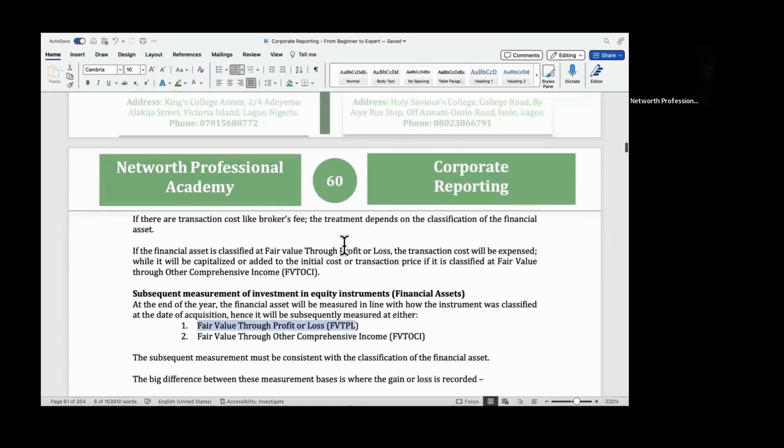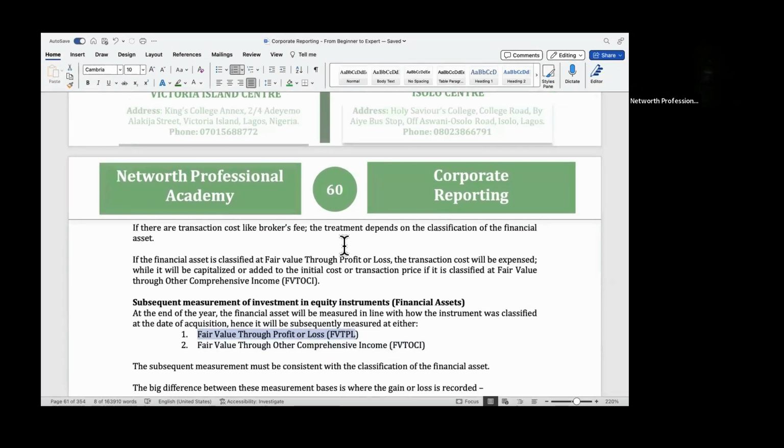And the final thing I mentioned is that if you had involved a stockbroker and you now incur transaction costs when you were buying those shares, those costs are either expensed or capitalized. And that depends on how you have classified it at the beginning of the year. If you have classified it at fair value through P&L, the money you pay to your stockbroker, which I call here transaction costs, should be expensed.